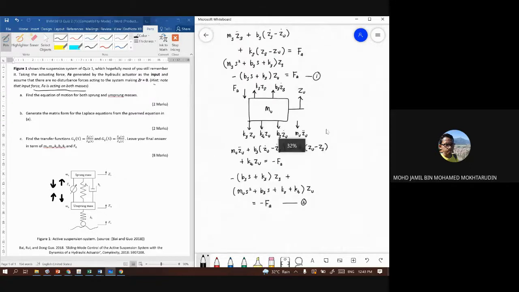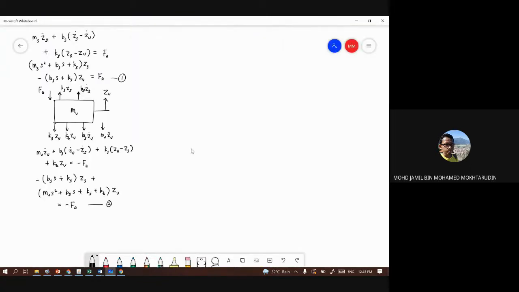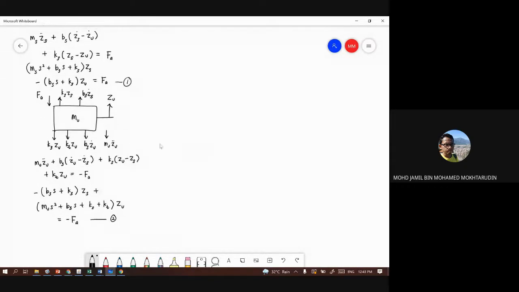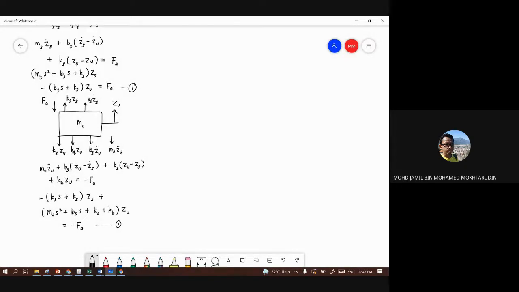First, in the first column we write all the terms that relate to Zs: Ms s squared plus Bs s plus Ks, and on the second equation negative (Bs s plus Ks).